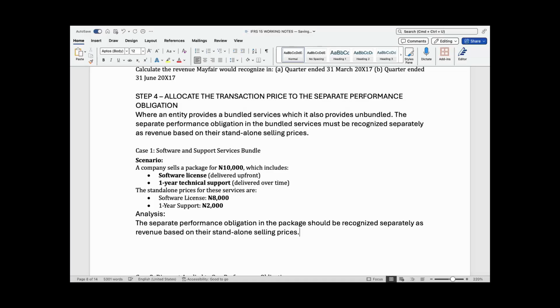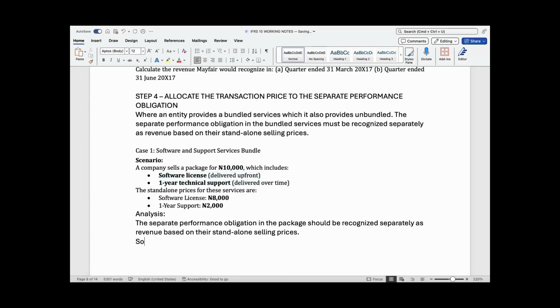So don't say because we are selling it as a package, you then present the two together as revenue. No, they are separate services. They are distinct performance obligations.